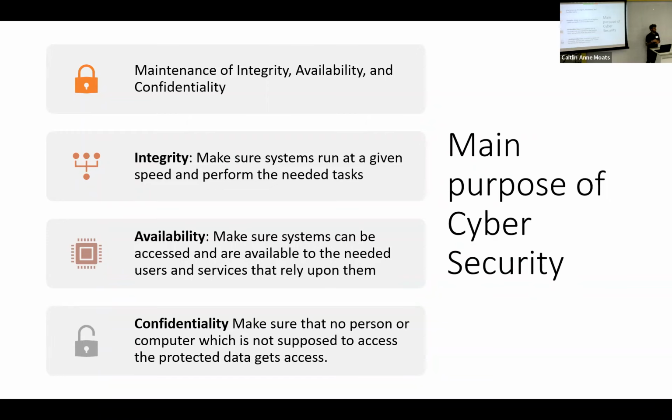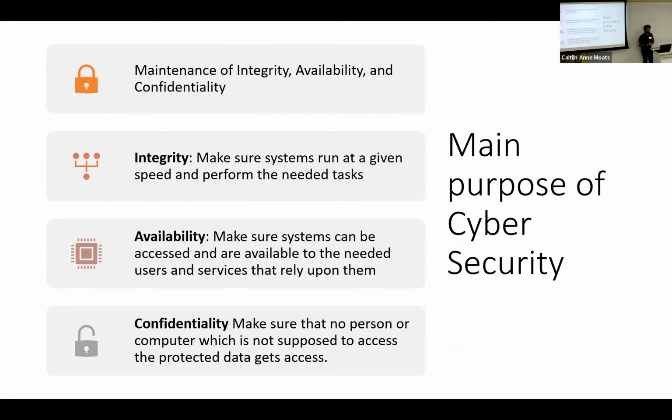Availability makes sure that systems can be accessed and are available to the needed users and services that rely upon them. And the reason I say services is because not all systems are purely human to human interaction. Some are just based between computers, and if one of them stops working, the whole chain might stop working.